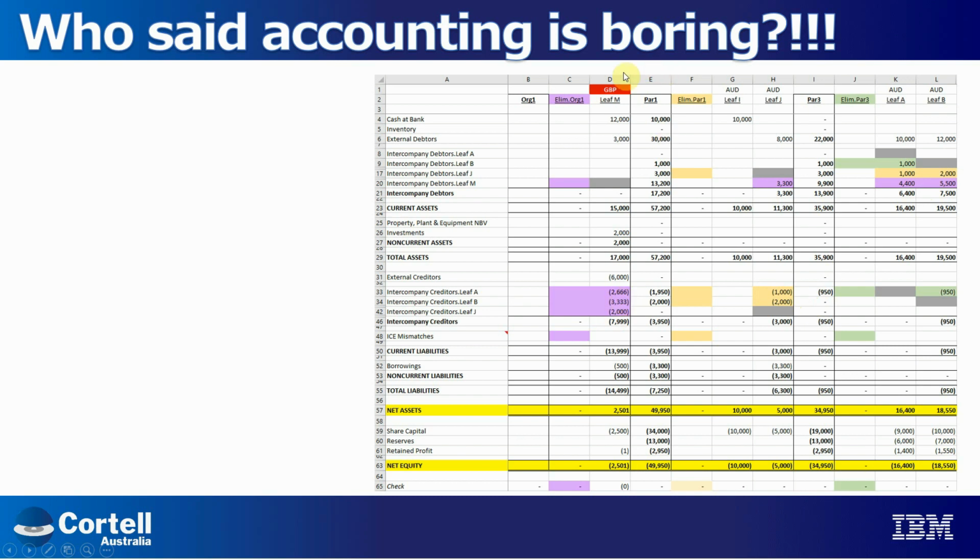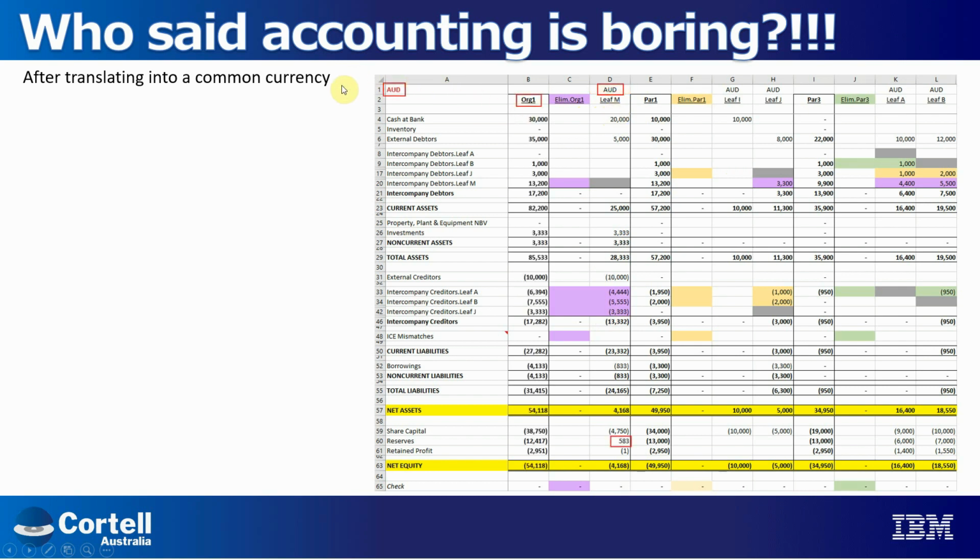And then leaf M has got intercompany creditors A, B, and J, and A, B, and J have got the intercompany debtor with leaf M, but leaf M's accounts are denominated in Great British pounds, so we can't do anything until we fix that. So we'll translate leaf M into our common reporting currency, which is Australian dollars. And now we've got all of the accounts in Australian dollars. The £12,000 is translated to 20,000 Australian cash at bank.